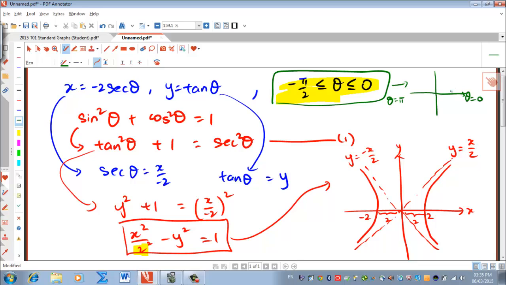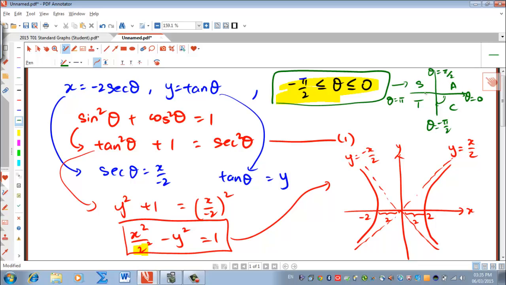And when we consider the rotating angle upward, this part will be theta equals pi over 2 when we rotate upward. But if we talk about negative pi over 2, it will be rotating downward by negative pi over 2. So it's actually over here. So when we say theta is between negative pi over 2 and 0, it's actually describing the fourth quadrant, and recall our CAST in secondary school.